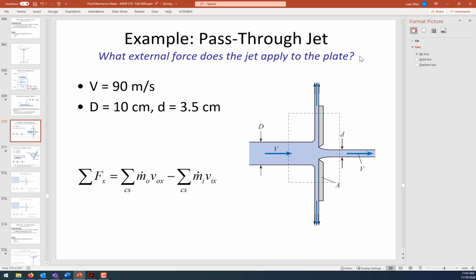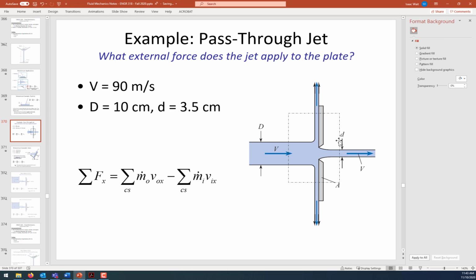All right, so in the x direction, there's flow going in and flow going out. Because there's going to be less flow going out than was going in, that means there has to be a force required to hold the system steady. In other words, think about all of the water that was moving to the right, and now its direction has been changed vertically.